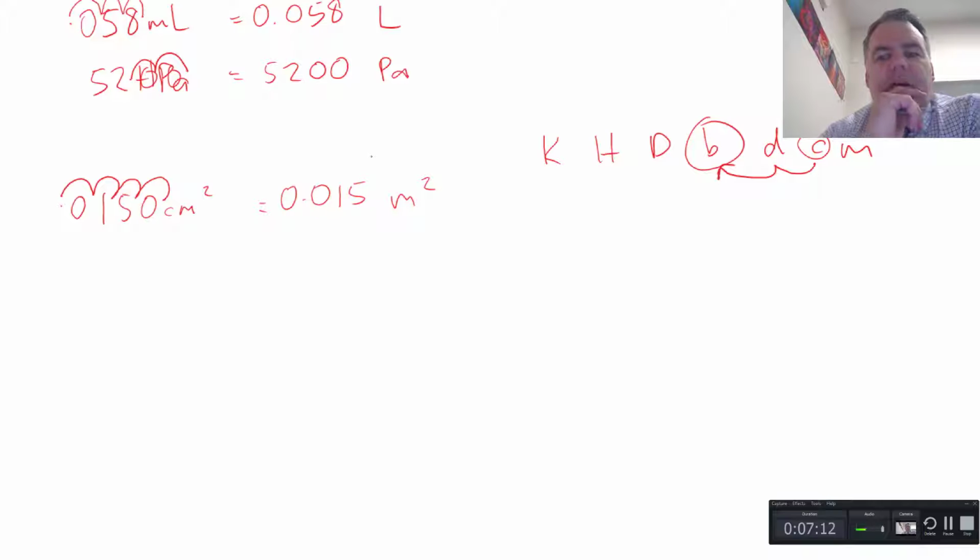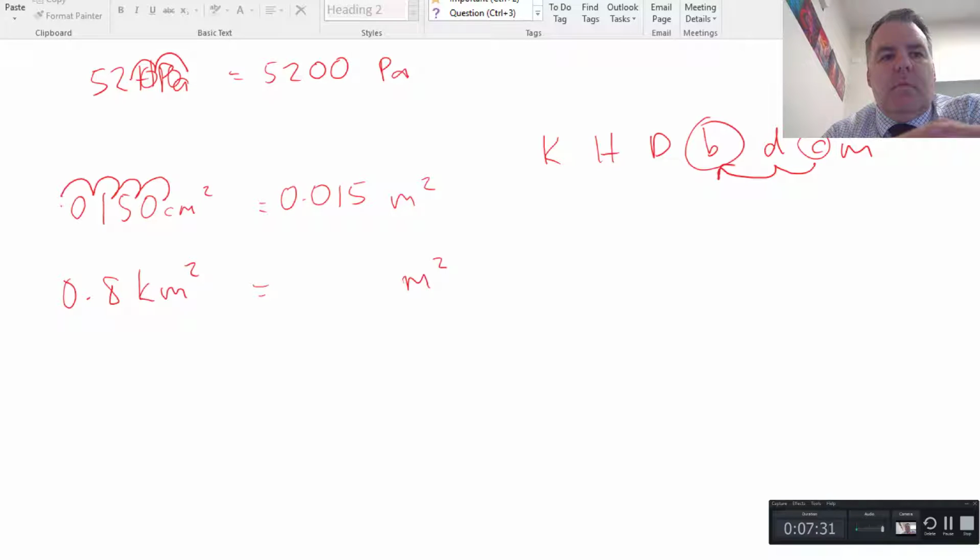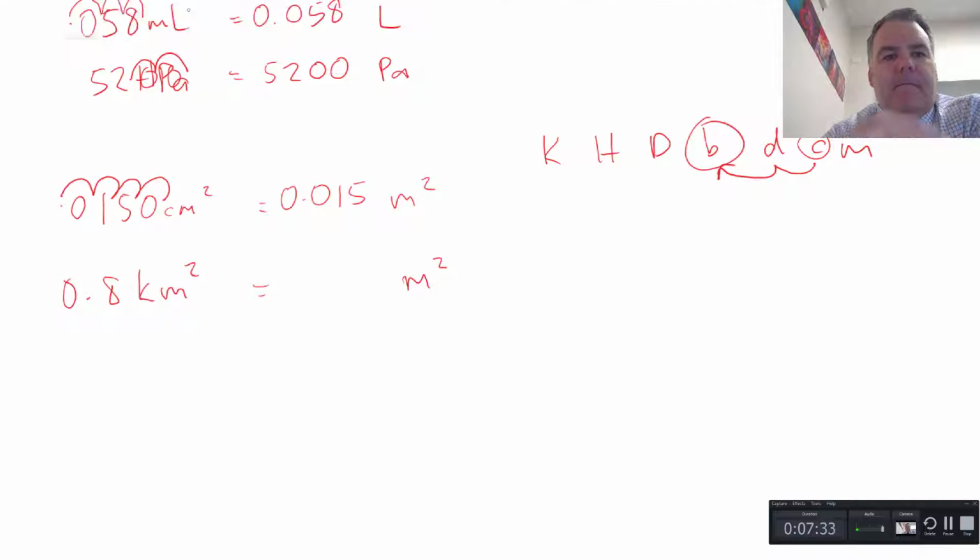Okay, let's do one more. So if I have 0.8 kilometers squared, so there's a big area of land here, 0.8 of a kilometer squared, and I want to write that in meters squared, so we're going the other way around. So we're in kilometers squared down here, and we want to get to the base unit.